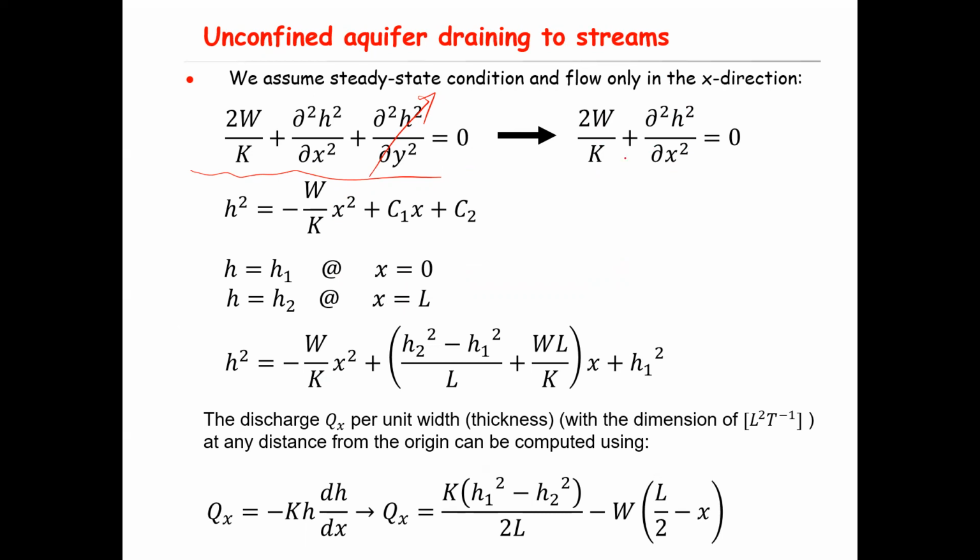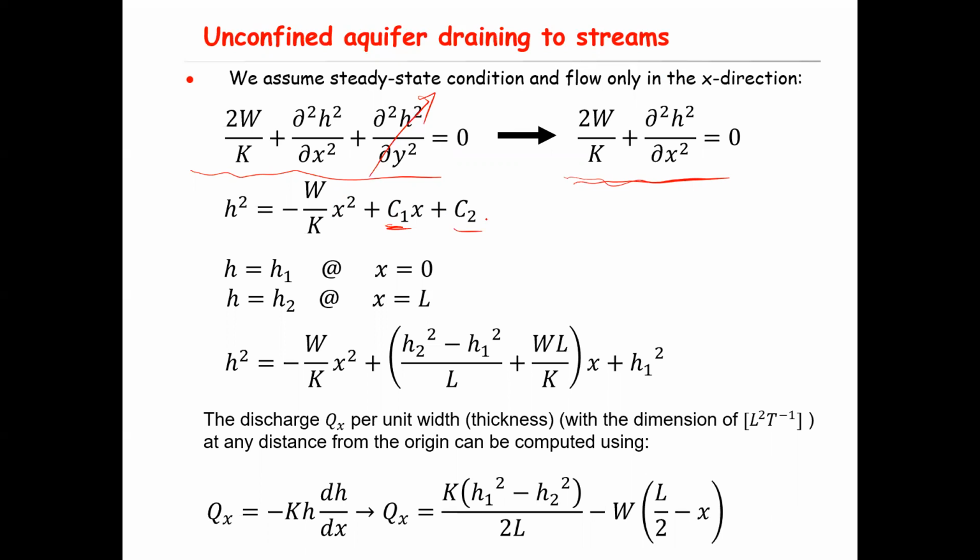Then you can easily solve this differential equation, and the answer will be H(x) equals minus W divided by K times x squared plus C1 x plus C2. You just take the integral of this equation two times, and then you have two constants of integration, C1 and C2.